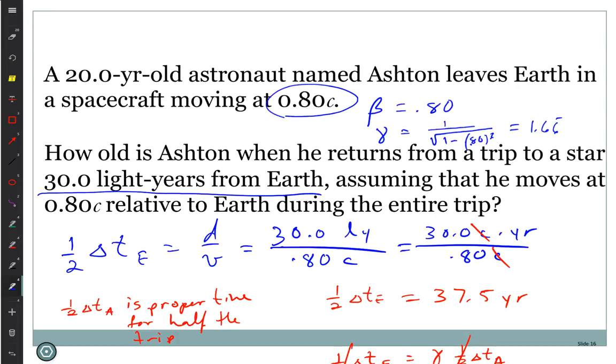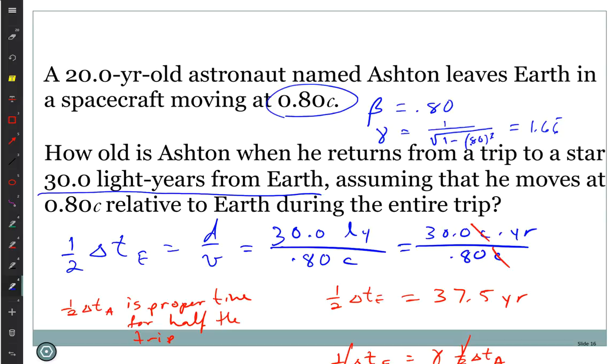If Betty's moving really fast with respect to Ashton, what does Ashton record for the time of the clock ticking in Betty's reference frame? Slow. So Ashton says, Betty's not aging as rapidly as I am.